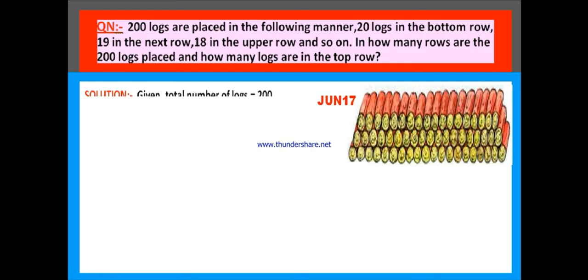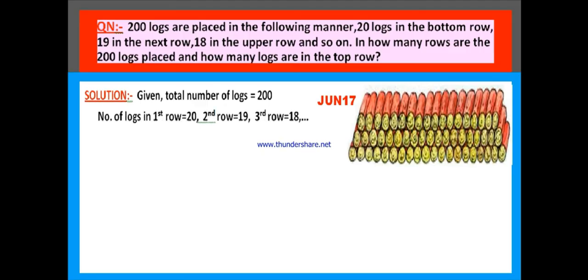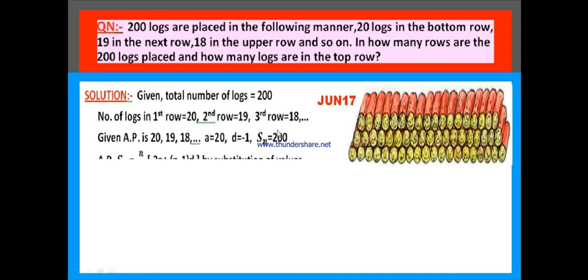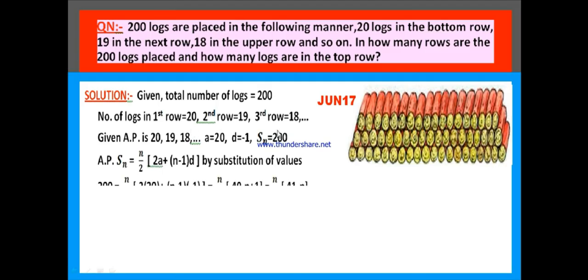Here is the solution now. It is given that the total number of logs is equal to 200. Now, the number of logs in the first row is 20, second row 19, third row coming upwards 18, and so on. Then the arithmetic progression is 20, 19, 18, 17, and so on.